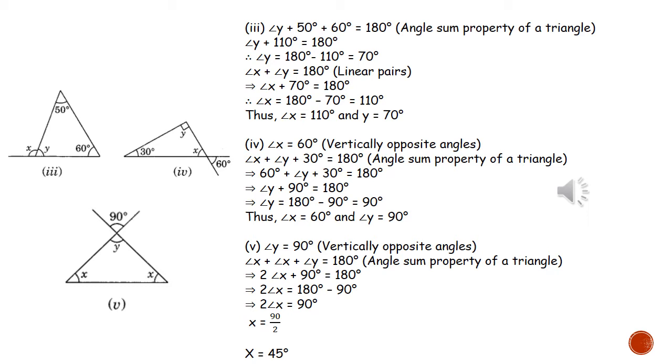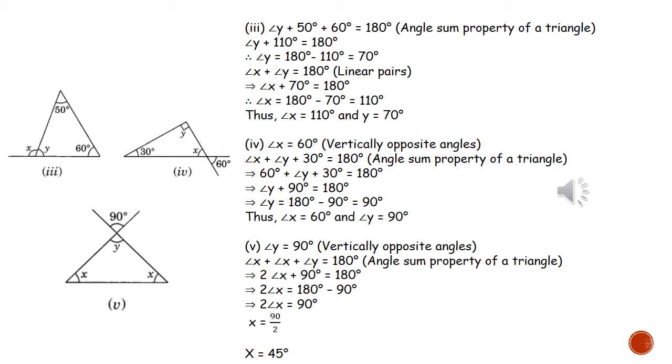60 plus 30 plus 90 is equal to 180. This sum is very much similar to the second part. Here it is given a right angle triangle, that is the only difference. So we can find out that x is equal to 60 degree.